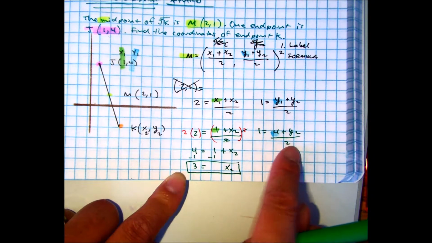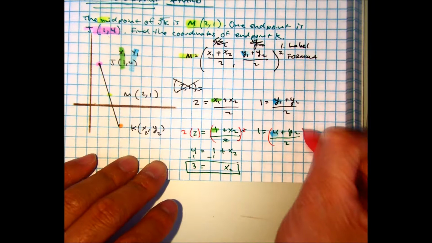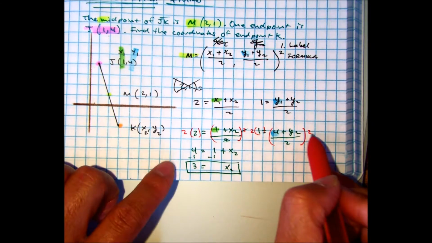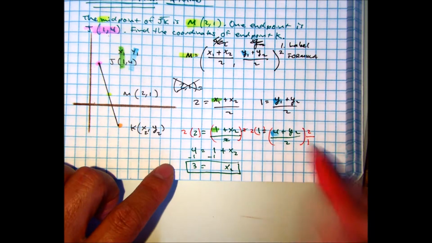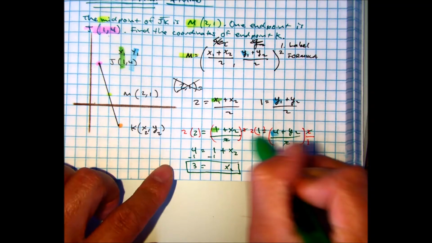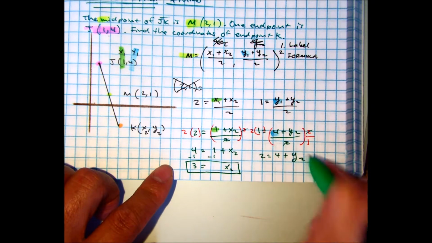Class, how do I get rid of that 2? Multiply by 2. Remember, these 2's cancel here because you have it as 2 over 1. It's a fraction, right? So these will cancel. I'm left with 2 times 1 is 2 equals 4 plus y2.